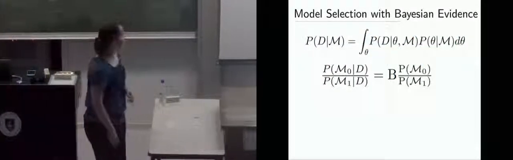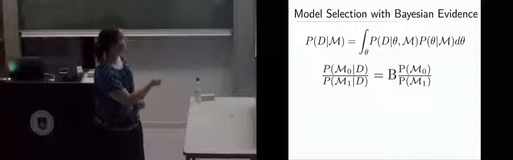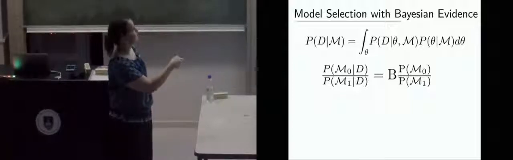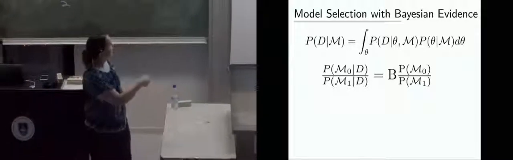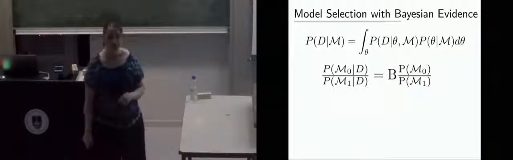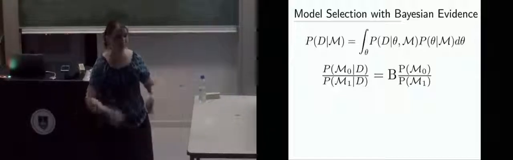And the way you do that in Bayesian statistics is by taking a ratio of evidences. So basically we've got the probability of model 0 given some data, and I can divide it by the probability of model 1 given some data. It's got a complicated name, ratio of posterior odds. And you actually end up just applying Bayes' theorem again. It's just Bayes' theorem again. One equation. It's all we have. One equation.